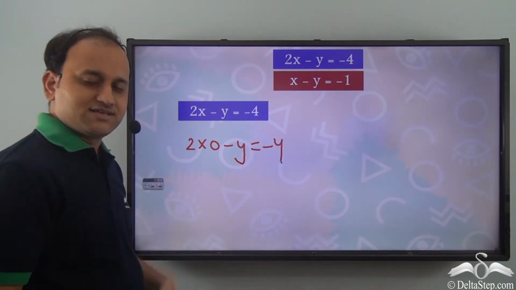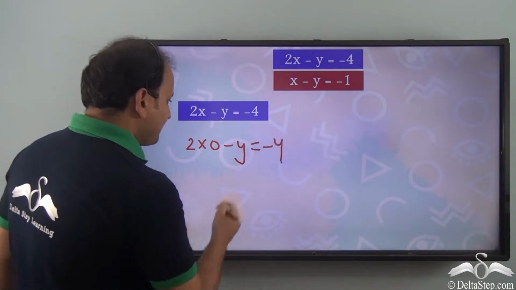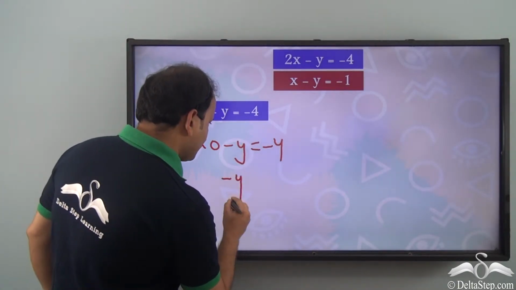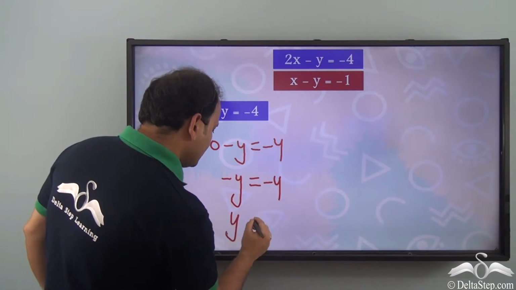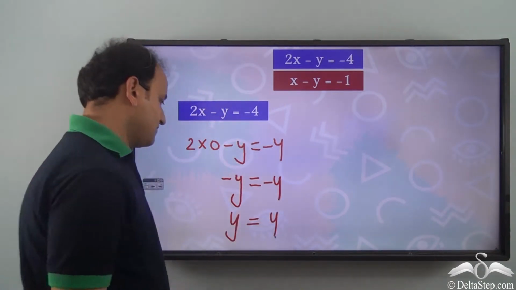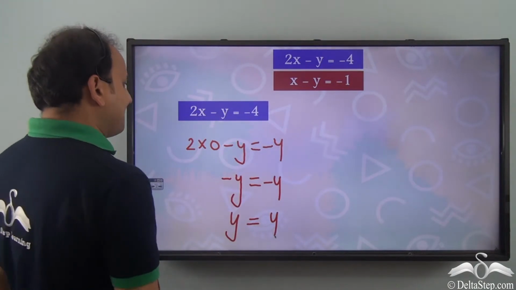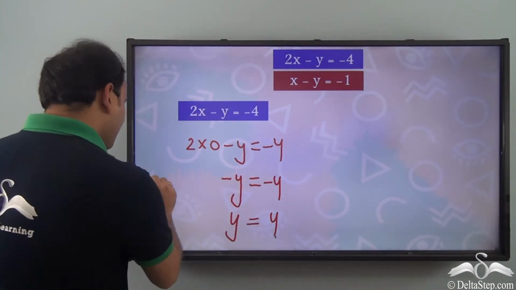Now 2 into 0 is definitely 0. So we have minus y is equal to minus 4, or y is equal to 4, right?